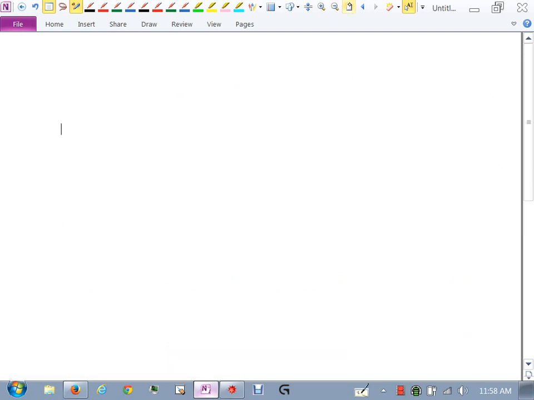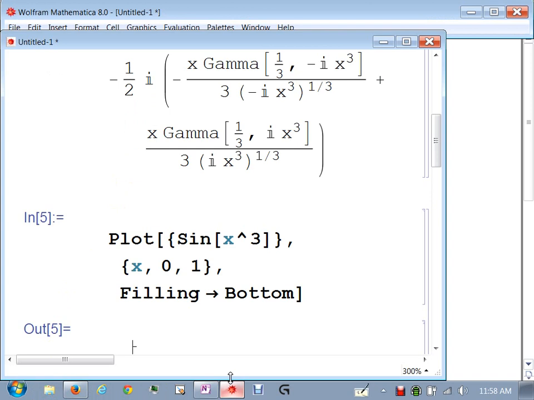Another classic example of this is this function. This is a function that cannot be integrated in closed form. I have not tried this one in Mathematica. Let's see what it gives me.